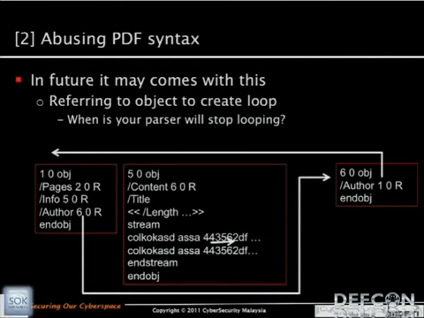For example, you have object 1 that has a dictionary for author, which points to object 6 over here, and the object 6 author also points back to object 1. If you open it with any PDF application, it may stop. But if you're building your own parser, when are you going to stop your loop, right? So that will be interesting to see when we should stop.